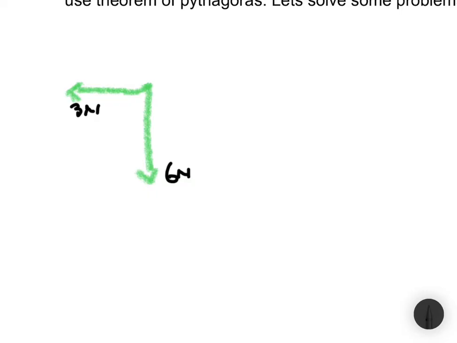So we're going to find the resultant along the vertical and the resultant along the horizontal. And we already have that, right? So you just plug and play at this point. So we have F resultant squared equals the resultant along x squared plus the resultant along y squared, right?